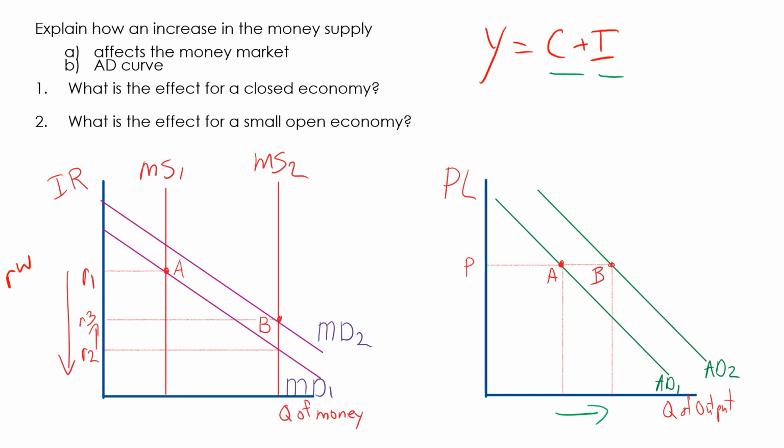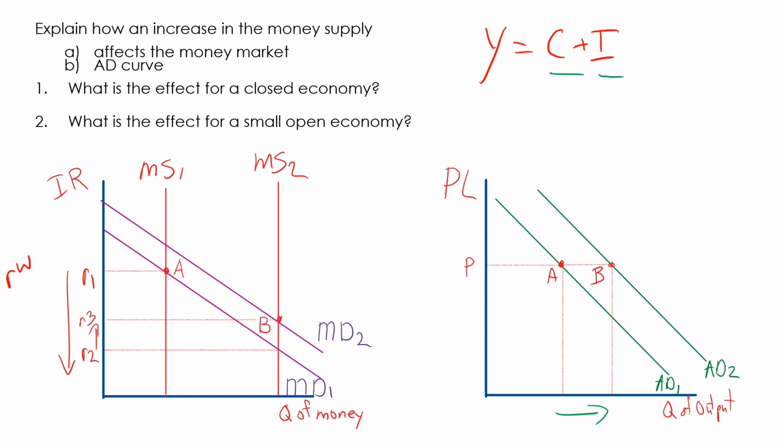That does mean that the aggregate demand curve didn't shift as much as it could have. But one of the problems, however, is that R3, the prevailing interest rate at point B, is still below the world rate.